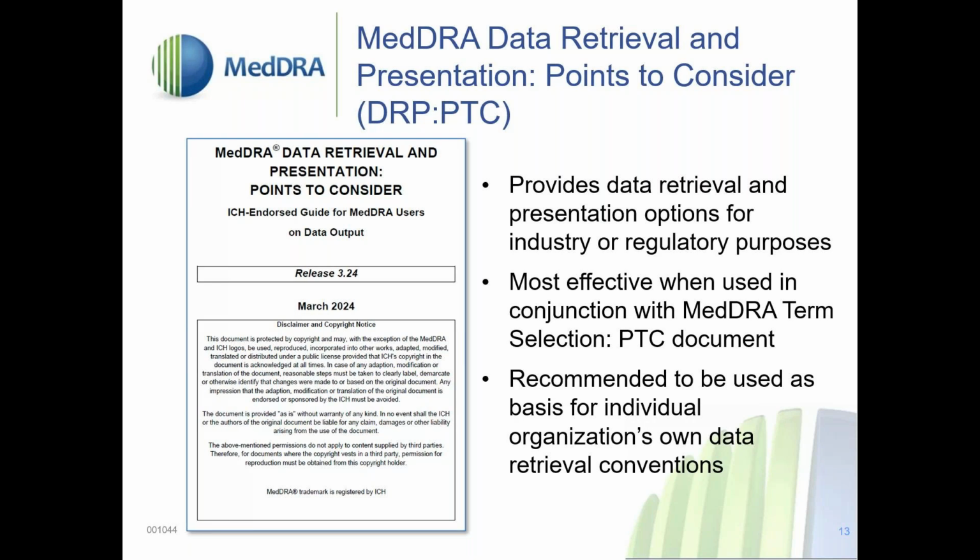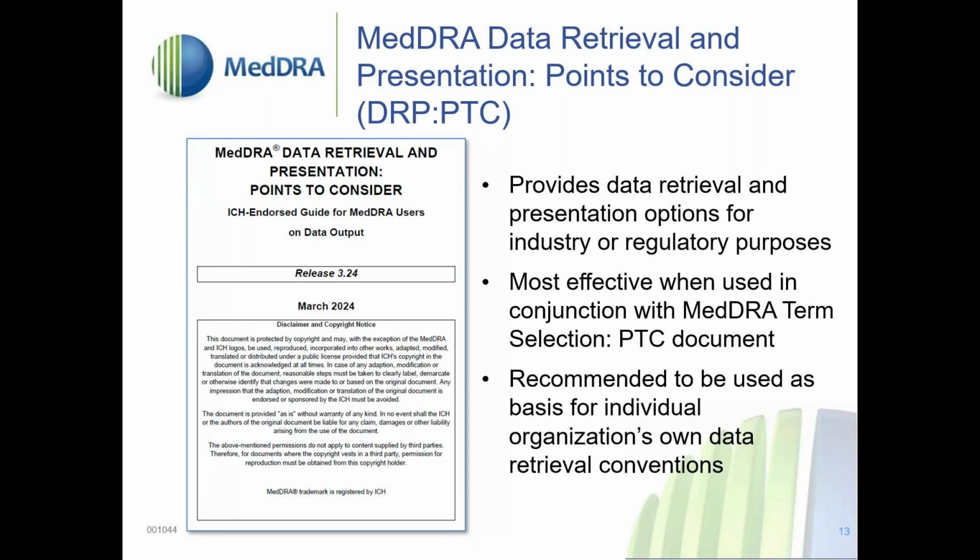And for this purpose, additional ICH documents were prepared and are being maintained, which provide, on the one hand, coding guidance in the MedDRA term selection points to consider document, but also guidance on data retrieval and presentation. And here you have a snapshot of the front cover of the current DRP PTC document.